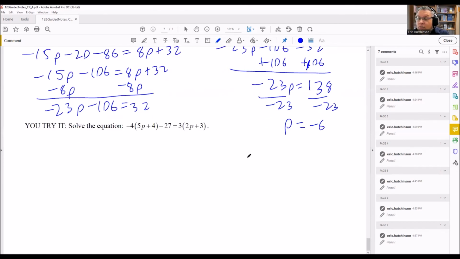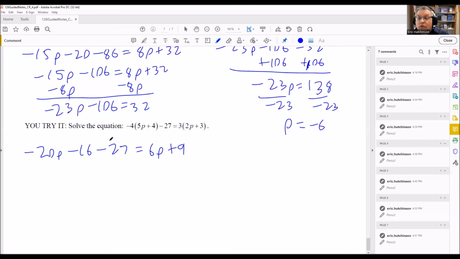Let's do one more. -4 times both things inside the parentheses. -4 times the 5p is -20p. -4 times +4, -16. We still have a -27. On the other side, we get 6p plus 9.